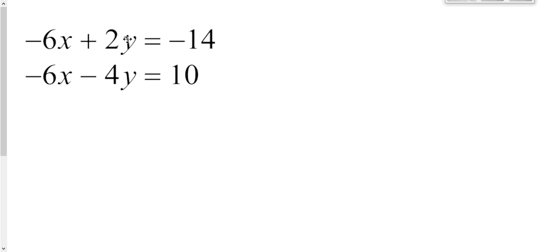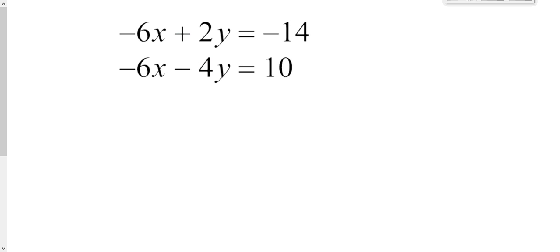One last example. Everything's lined up. The x's have the same number in front, and they also have the same sign. They're both negative. When they're both negative, just like if they're both positive, I need to subtract. Same sign, subtract.